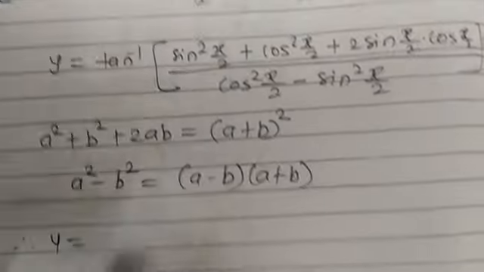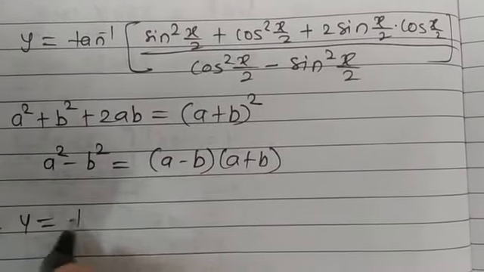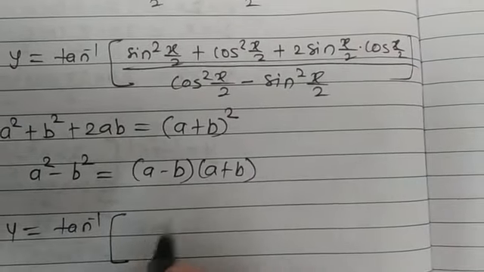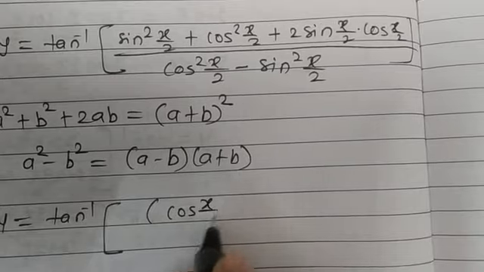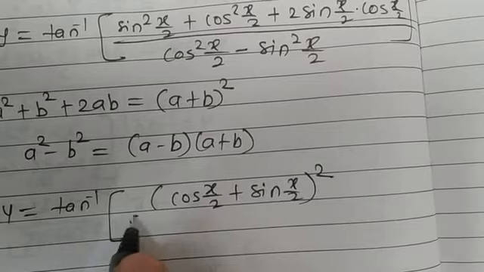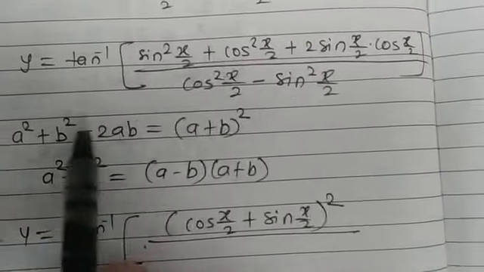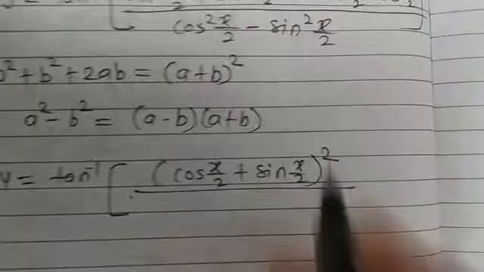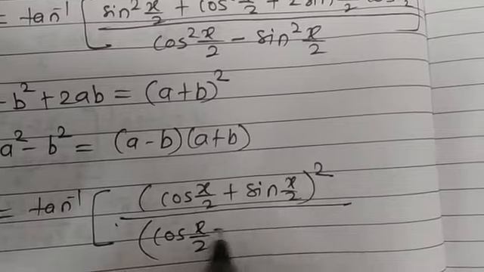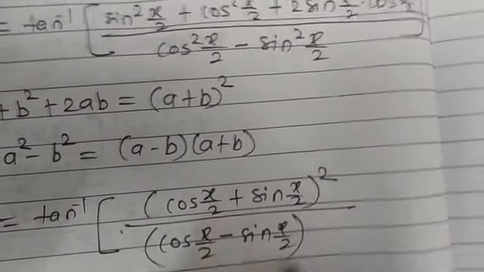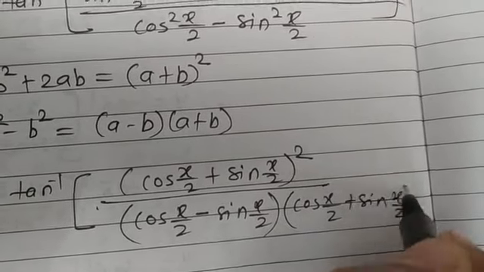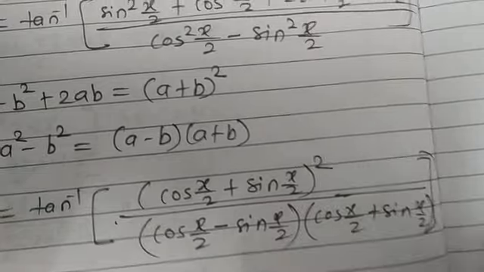So therefore y is equal to tan inverse of, this first term we can write as (cos x by 2 plus sin x by 2) whole bracket square. Suppose I consider cos x by 2 as a and sin x by 2 as b, and the denominator is (cos x by 2 minus sin x by 2) into (cos x by 2 plus sin x by 2).